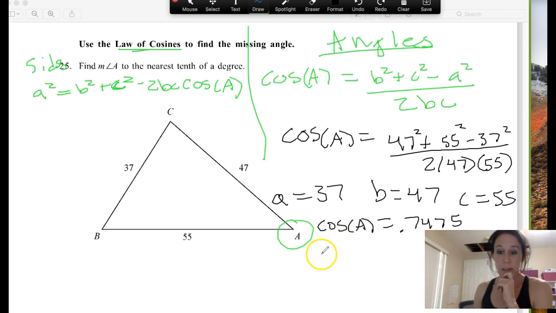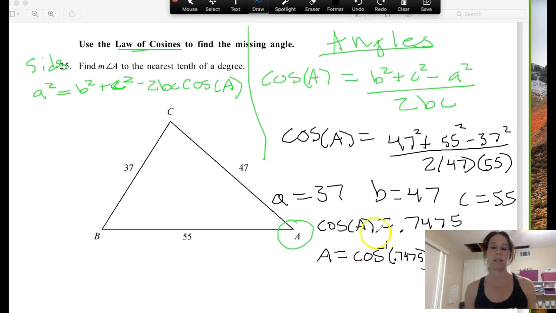So on your calculator, to get the angle away from the cosine, you have to inverse cosine both sides, basically. So the cosine inverse of 0.7475, and that is the arc cosine. It's not 1 over the cosine, that's not what that means. It's the inverse cosine. That's confusing. The arc cosine. So some students will say, cosine to the -1, doesn't that mean 1 over the cosine, which is the secant?